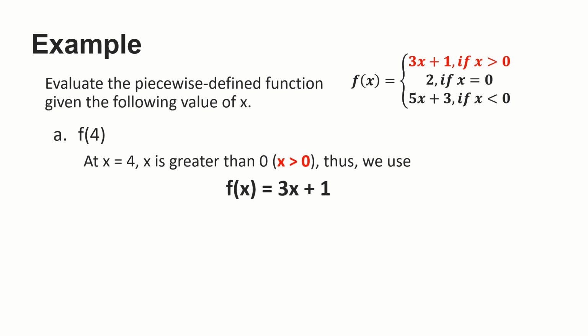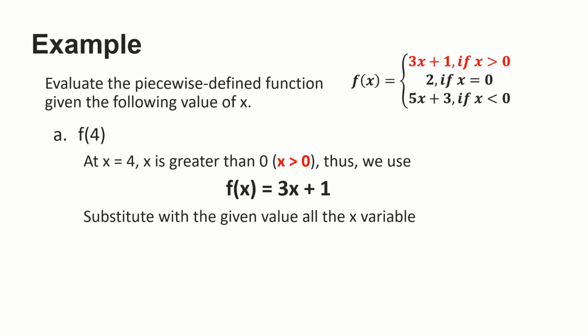After identifying the subfunction to be used, we can now proceed with the evaluation of the function. Just simply substitute all the variables with the given value of x. Thus, we have f of 4 is equal to 3 times 4 plus 1. So f of 4 is equal to 12 plus 1. And then our answer to this problem is f of 4 is equal to 13.